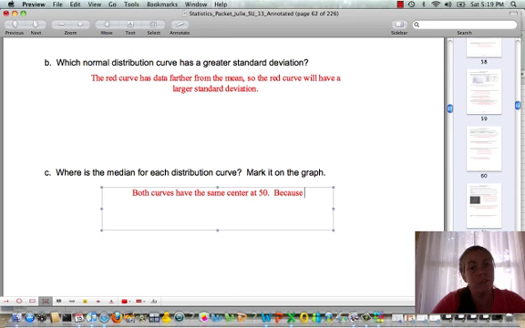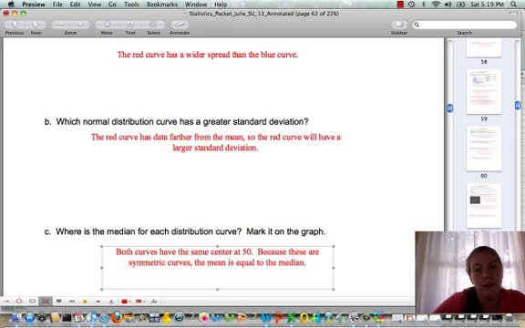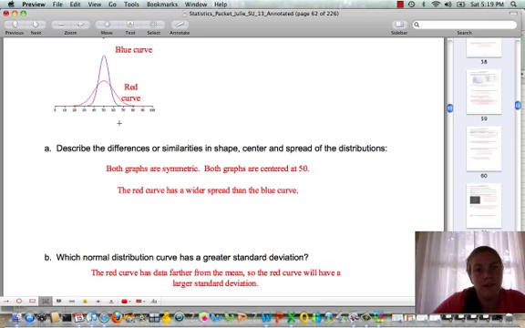And because these are symmetric curves, the mean is equal to the median. So we can go up here to 50 and label this as mean slash median, right there at 50.